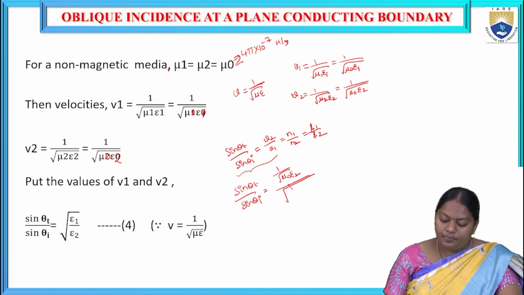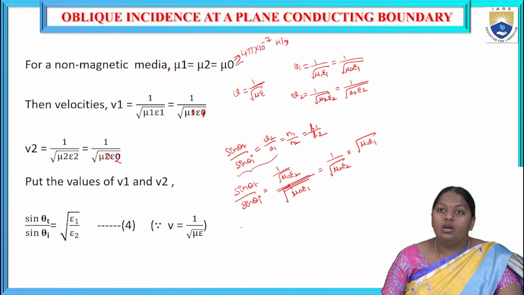Which equals 1 by root of mu naught epsilon2 into root of mu naught epsilon1. So mu naught and mu naught get cancelled, and root of epsilon1 by epsilon2 is obtained for sine theta t by sine theta i.